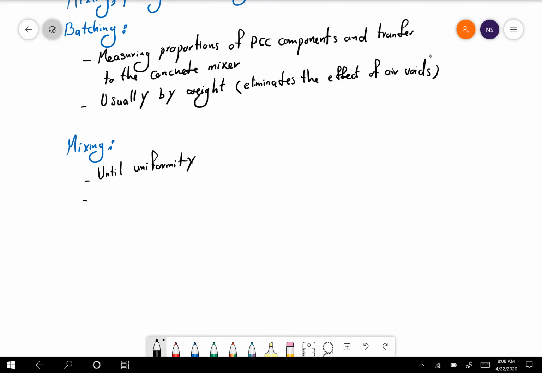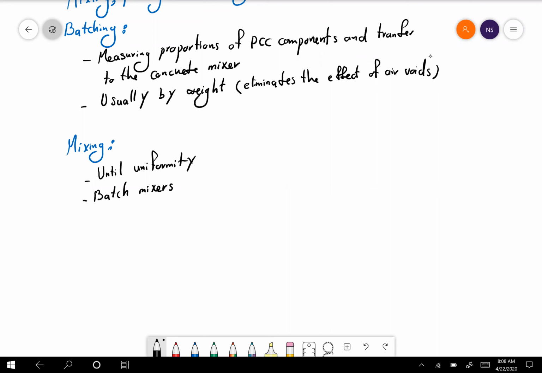Sometimes you can use batch mixers, where you mix the materials in different batches and different quantities, but sometimes you have continuous mixing for bigger plants.